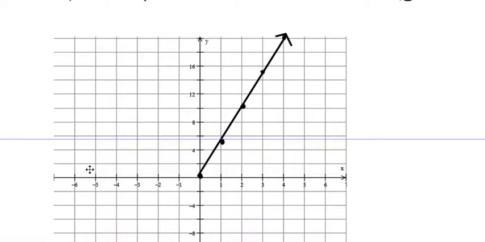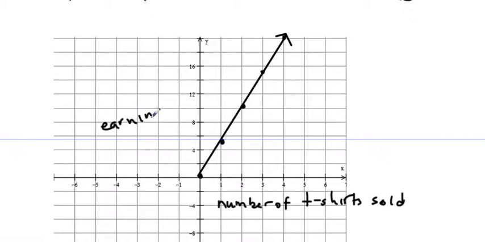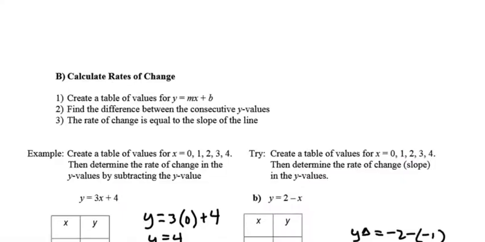Okay, so let's see. Go back to my pen, number of t-shirts sold. That's on my x-axis. On my y's is my earnings or her earnings. And the units in this case are dollars. Okay, and then you might want to put a little title up here. Can't remember her name. So, oh goodness.